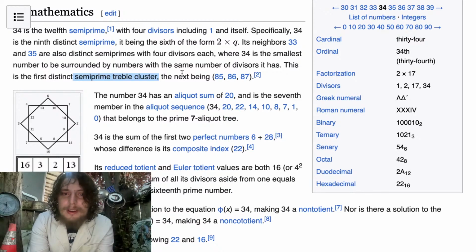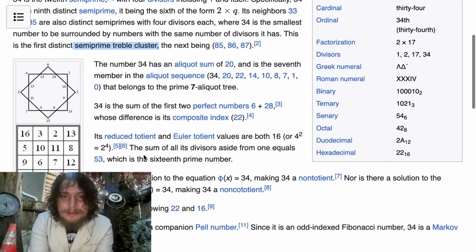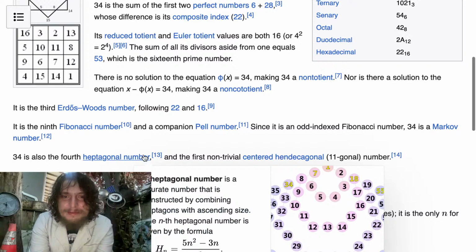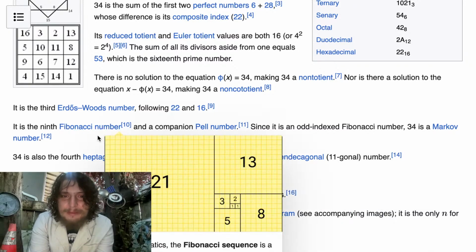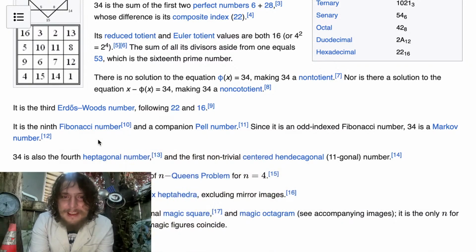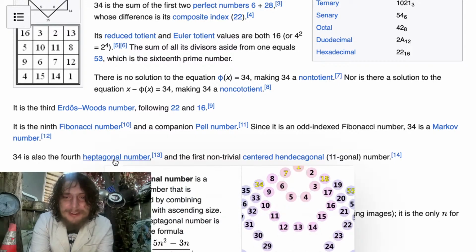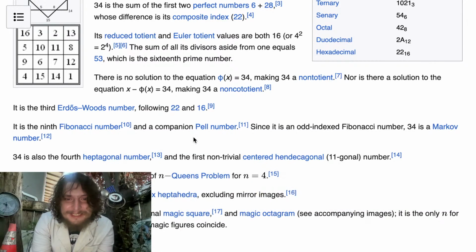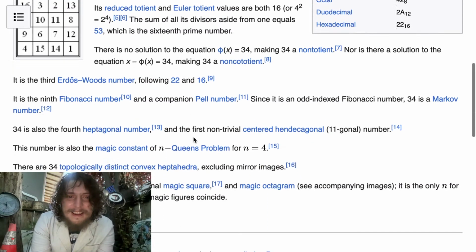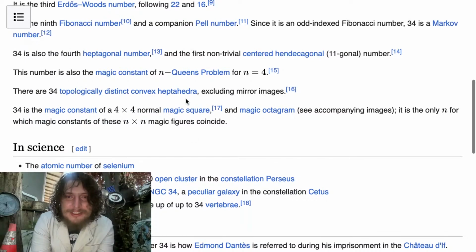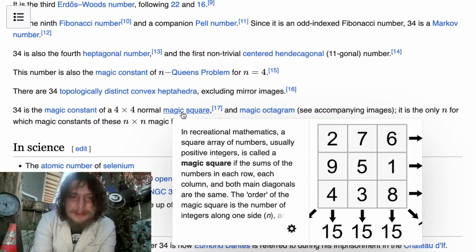Now, here are some other random notes about it, and Fibonacci is pretty important. And it is a heptagonal number, if we want to note the numbers that are like triangular numbers but level 7. And it is the magic constant of a certain type of magic square. We haven't made an episode about these yet, but I will at some point.